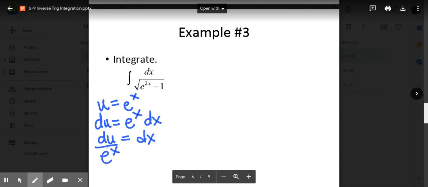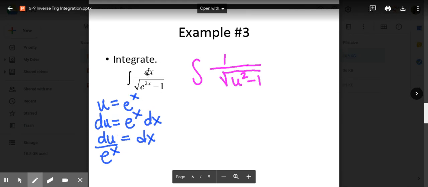All right, now, if I put this in here and trade out, I'm going to have 1 over, in here, my u is e to the x, so that'd be u squared minus 1.